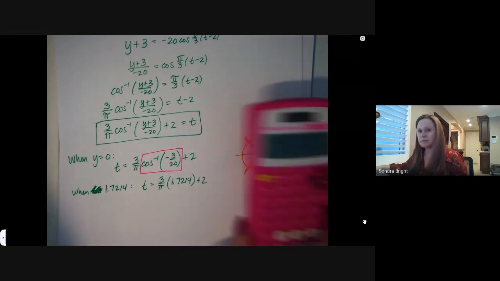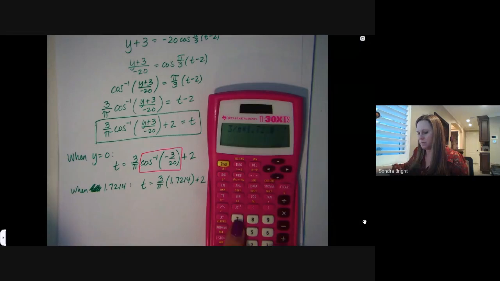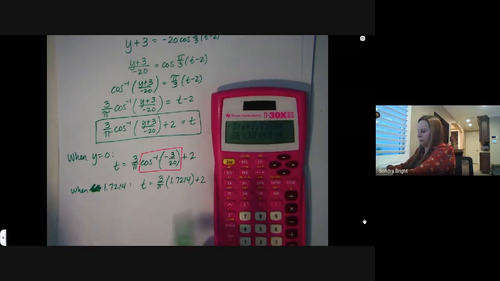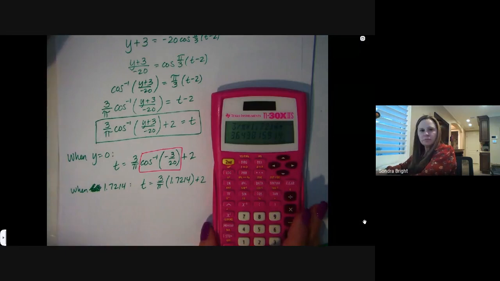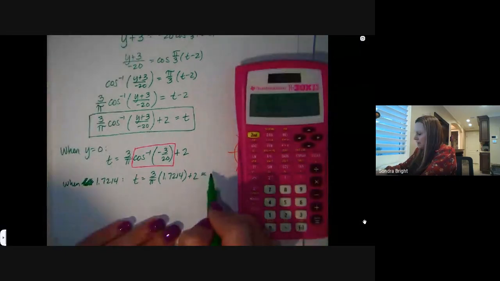So I've got 3 divided by pi times 1.7214, and then plus 2. All right, so I got one value, about 3.6438.